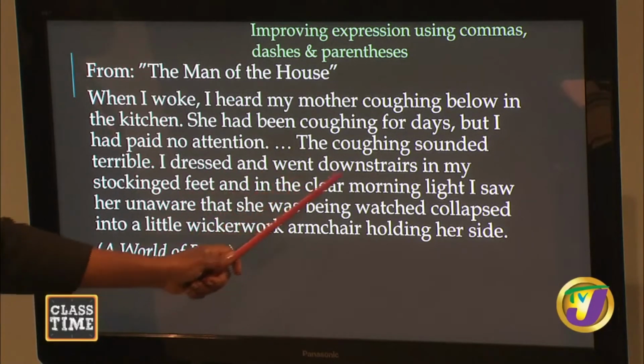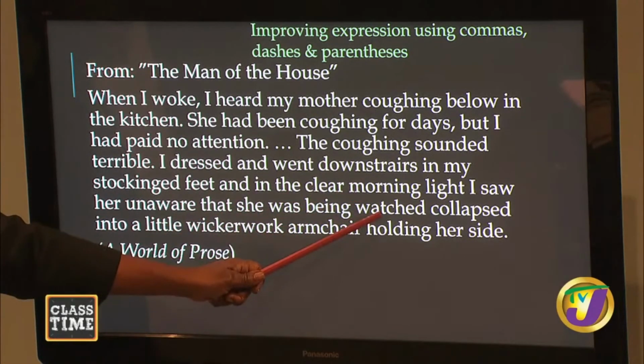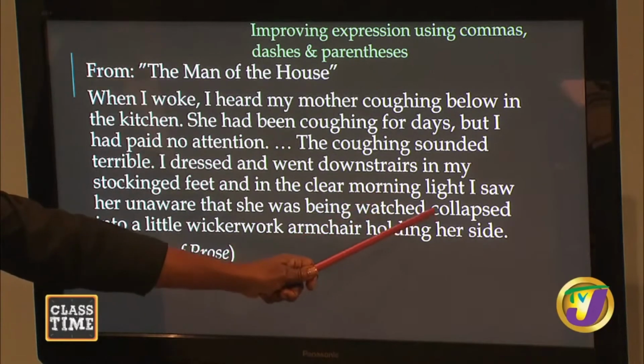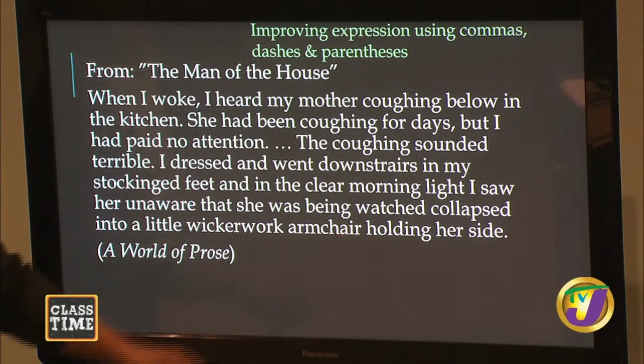And in the clear morning light, I saw her, unaware that she was being watched, collapsed into a little wickerwork armchair holding her side. Now, where would you say the main sentence would pick up and which part would end?